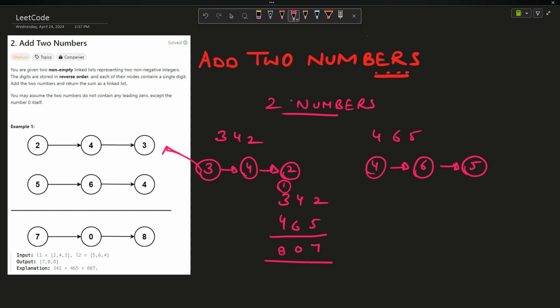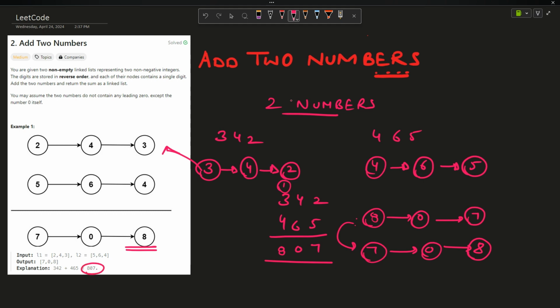Now if I represent 807 as a linked list, it would look something like 8 connected to 0 connected to 7, right? But if I have to reverse it, it would look like 7 connected to 0 connected to 8, and you can see my answer is also given to me as 708. The explanation is also valid here: 342 plus 465 gives me 807, and if I reverse 807 it looks like 708.